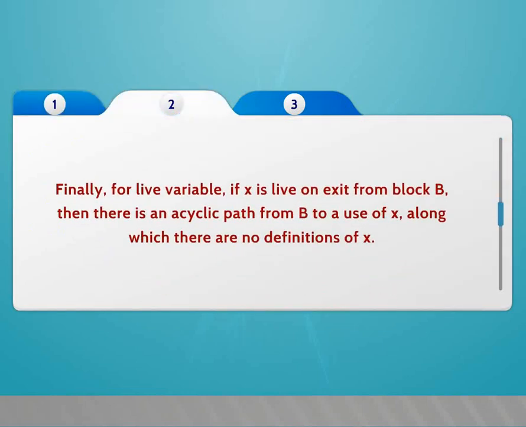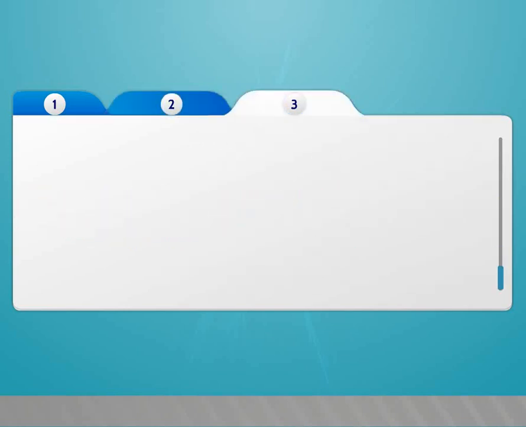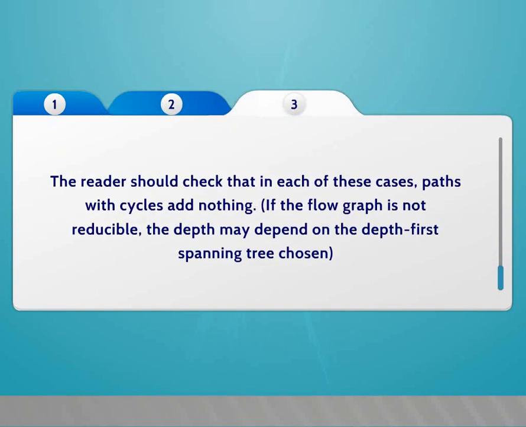Finally, for a live variable, if x is live on exit from block B, then there is an acyclic path from B to a use of x along which there are no definitions of x. The reader should check that in each of these cases, paths with cycles add nothing.